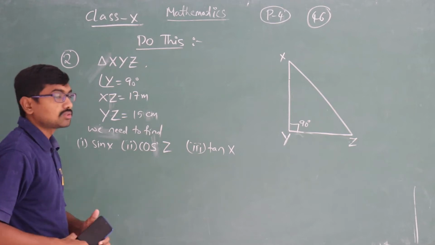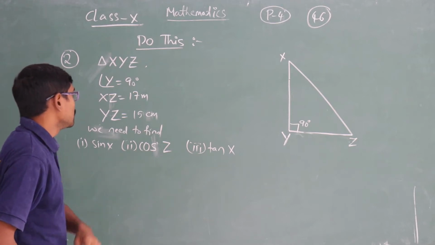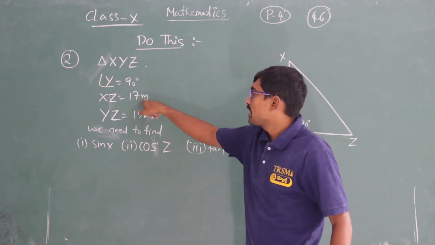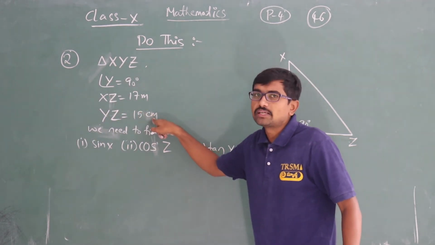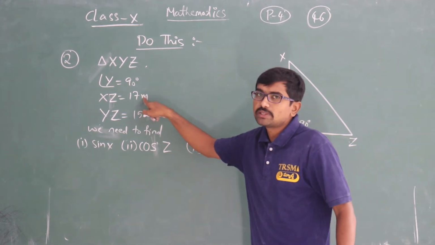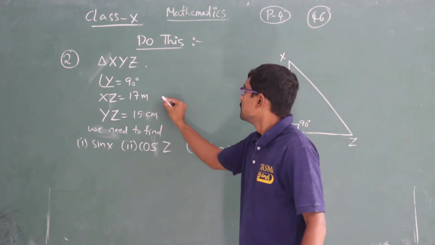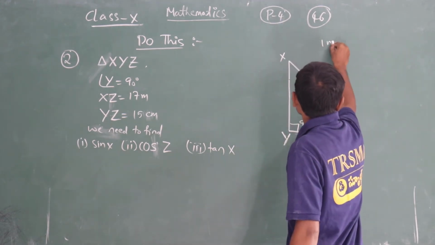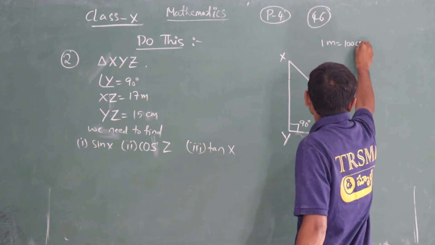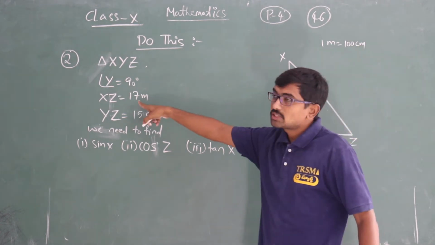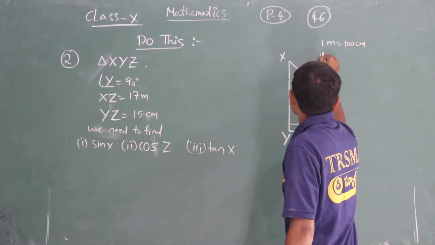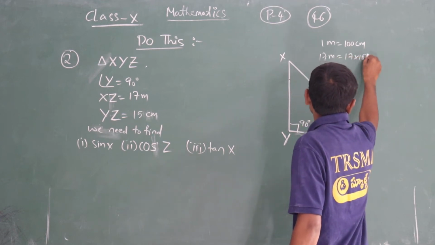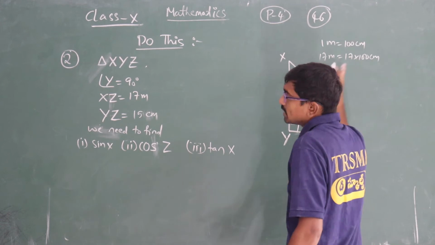Okay students, now let us come to the point. Here we have one value in meters and another in centimeters, so first we have to convert meters into centimeters. You already know that 1 meter is equal to 100 centimeters, am I right? So 17 meters is equal to 17 into 100 centimeters, because 1 meter is 100 centimeters.